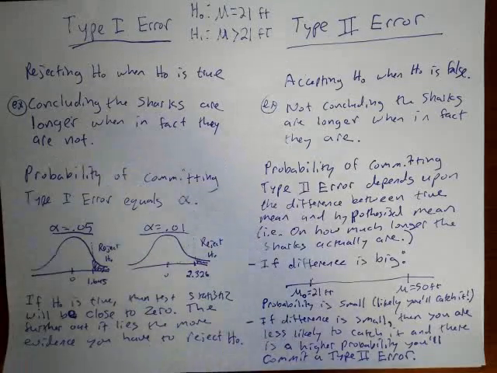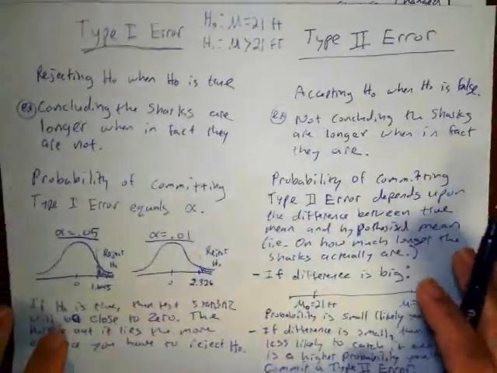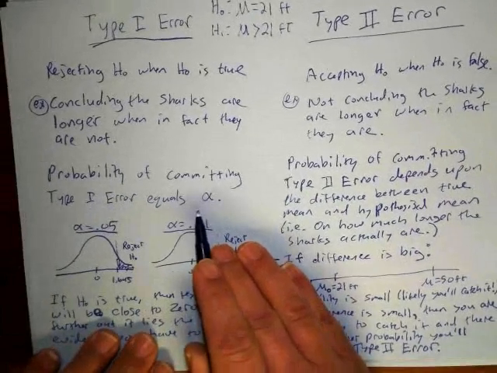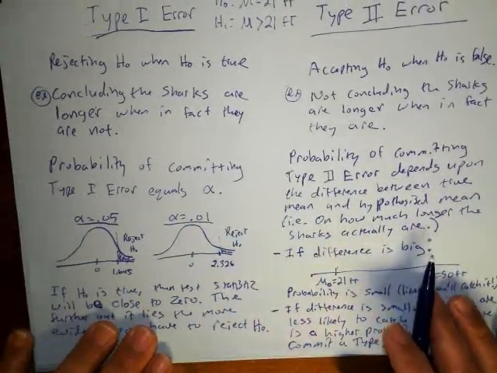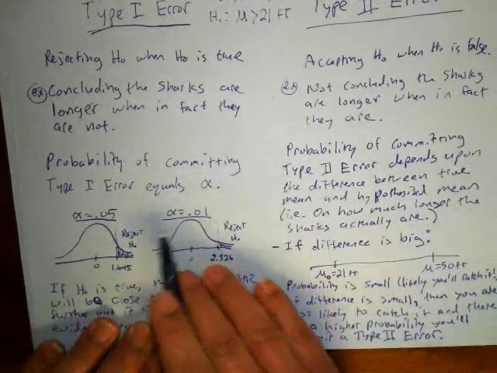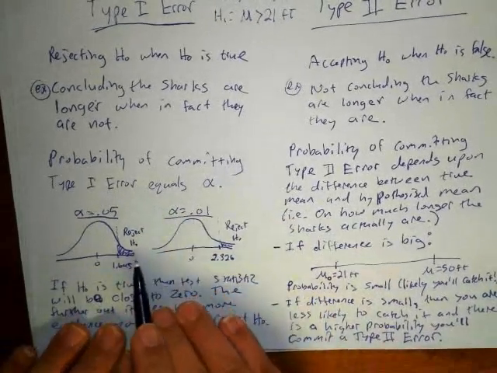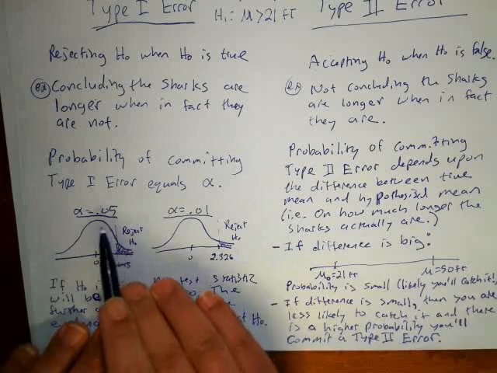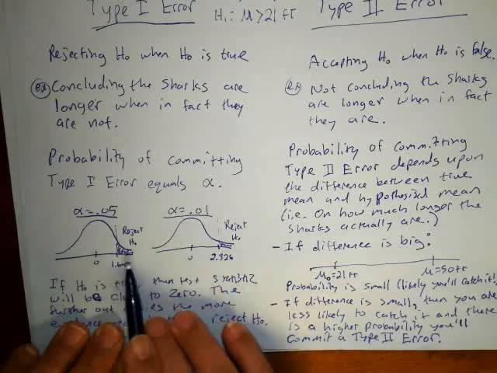Now, to fully understand this, it's important to understand that the probability of committing the type 1 error is equal to alpha, okay? You can see this with the shark example. We had enough evidence to reject at the 0.05 significance level.